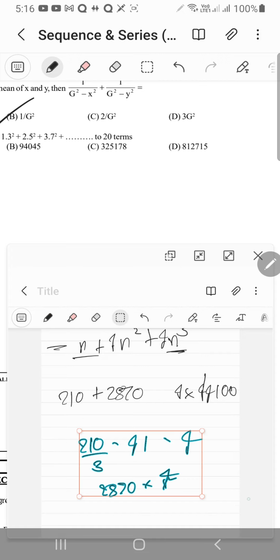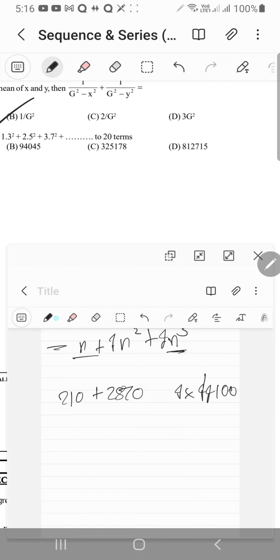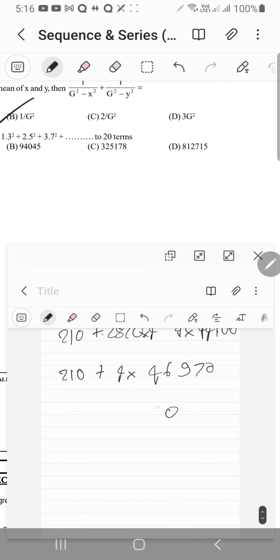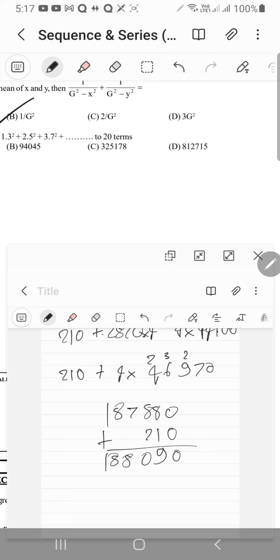Okay. This times 4, huh? So 210 plus 4 times 0, 7, 9, and then 6 and 4. So 0, 28, 2 carried on, 36 and 2 is 8, 3 carried on, 24, 3, 7, 2, 16 and 2 is 18. 188090.